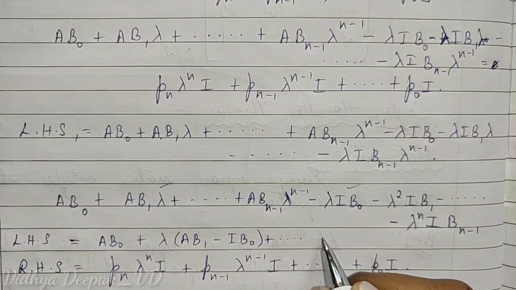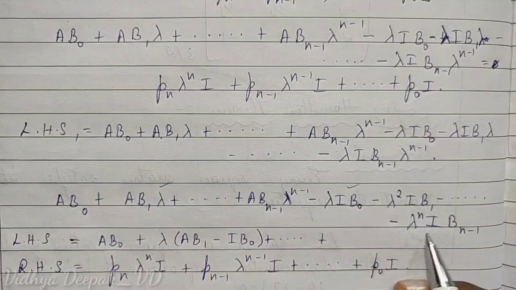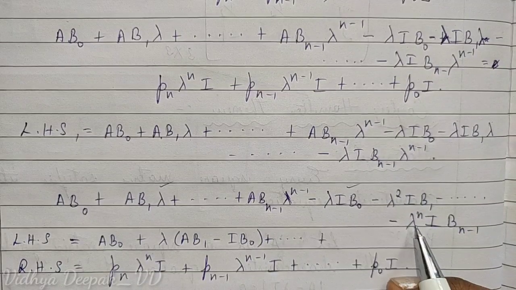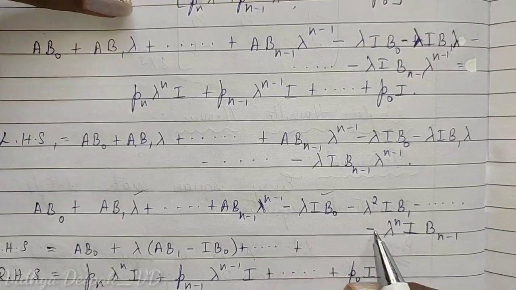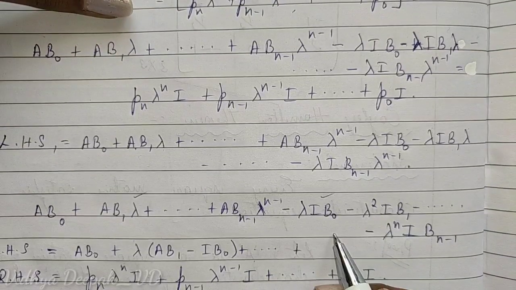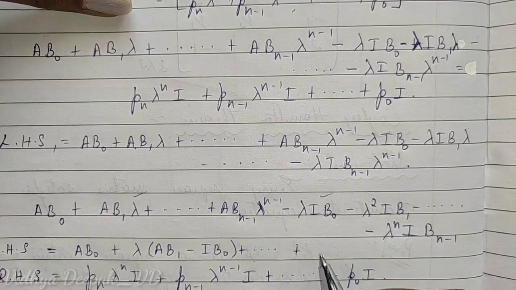Plus, we have the n minus 1 term. Lambda power n, we have lambda n minus 1 now. So prior to this we would have had one term, n minus 1 lambda. So we will take that also.